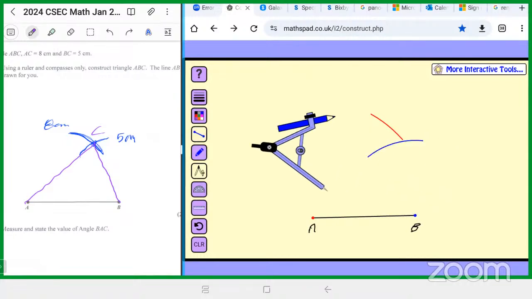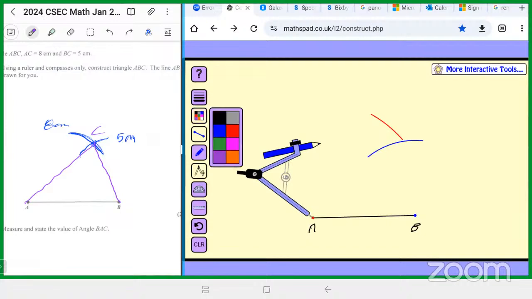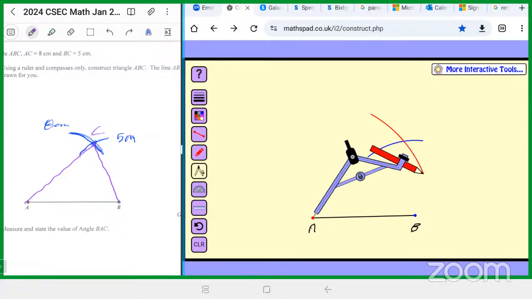I have to go back and make the 8, so I can actually come back here, change it back to red, open it back out to meet this line, and then lock it, and then continue the arc. But you could measure the 8 again. Right, so that is it.